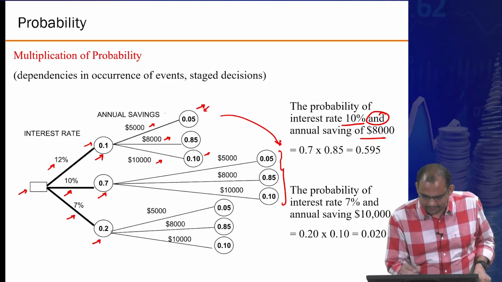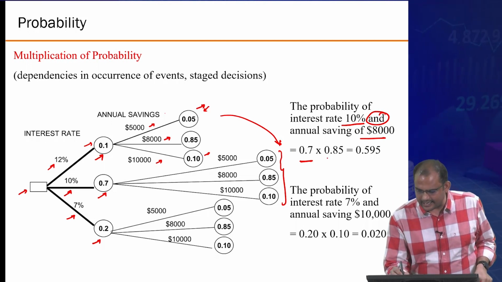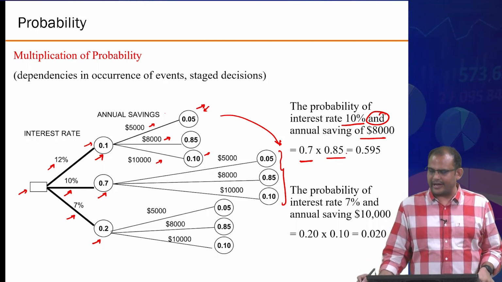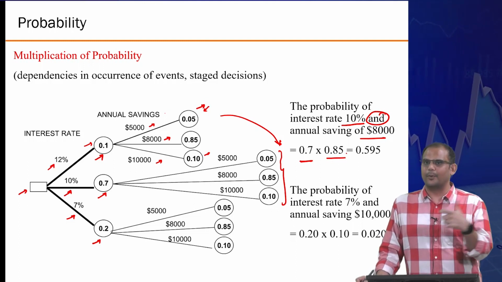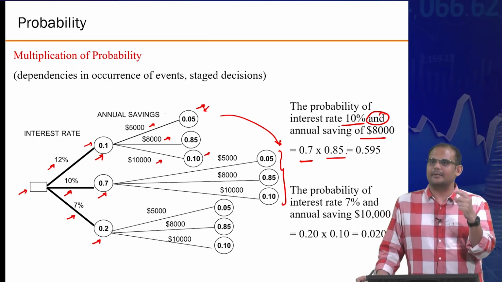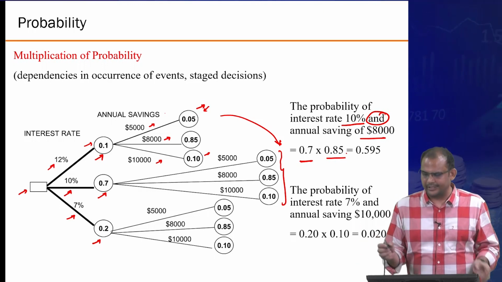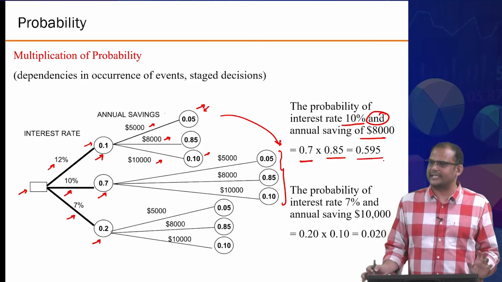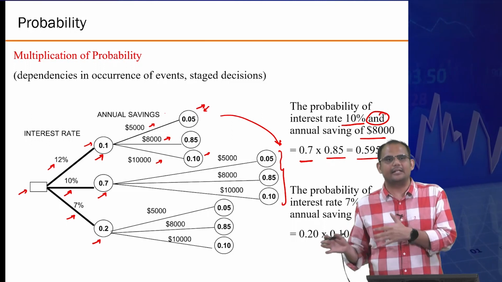So what is the probability of interest rate 10% and what is the probability of annual saving of $8,000, which is 0.85. So both of them happening, both the conditions simultaneously happening, is a multiplicative probability, right? It's not an additive probability here. So you get a chance of about 60% that both these conditions will be simultaneously satisfied.